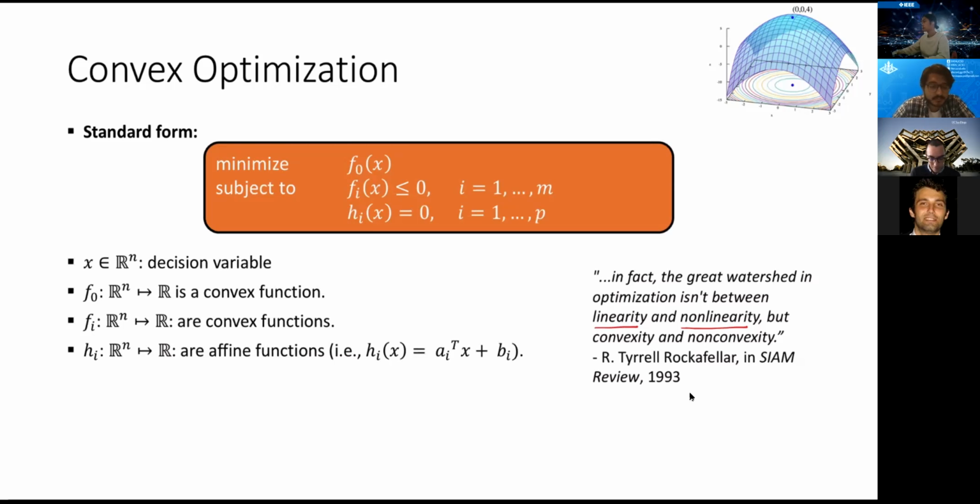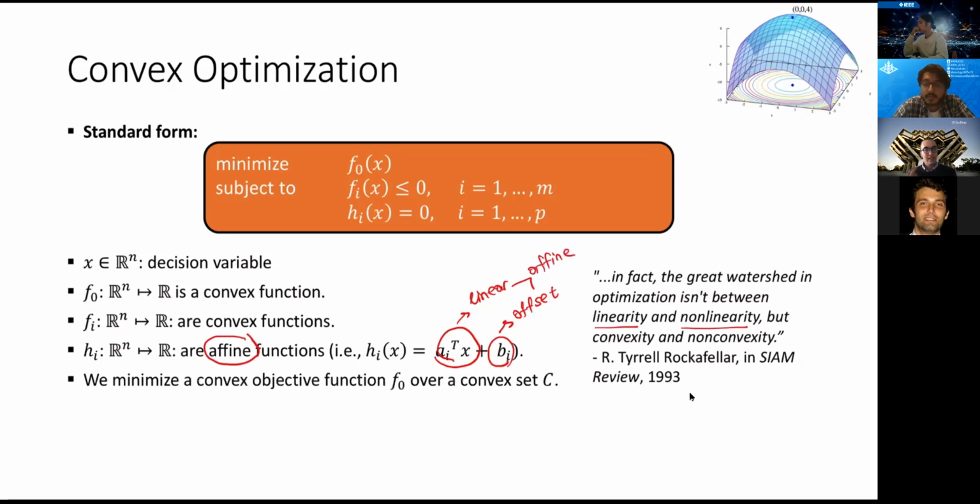So affine can be quite confusing term, but it is not. So it is basically a linear component plus some offset, okay? So we have some offset and we have linear part. So we call this, if we have 2 components, then we call this an affine function. So overall, we can write this formulation in more compact form.